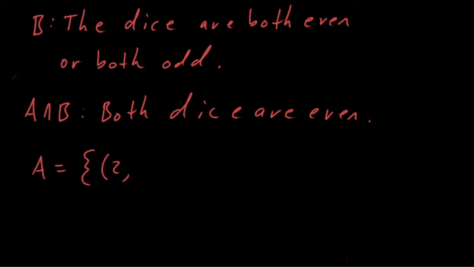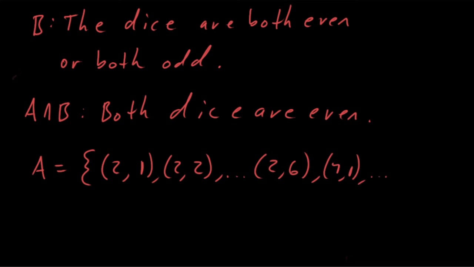So 2,1; 2,2; 2,6; and then 4,1; 4,6; and then 6,1; 6,6, right?